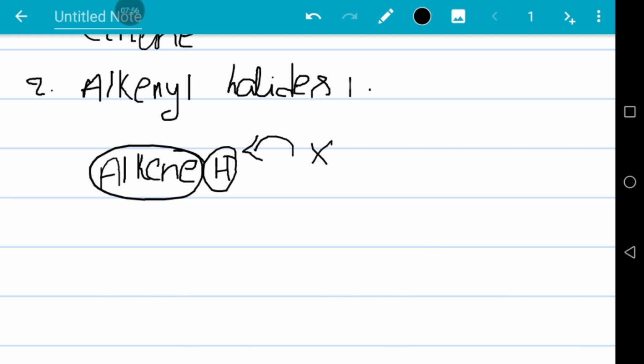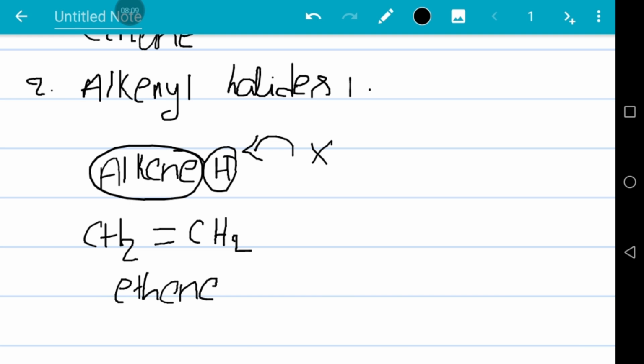For example, CH2=CH2. What is the name of this? Totally two carbons are there, so eth, and there is a double bond, so ene. So what is the name of this? Ethene.